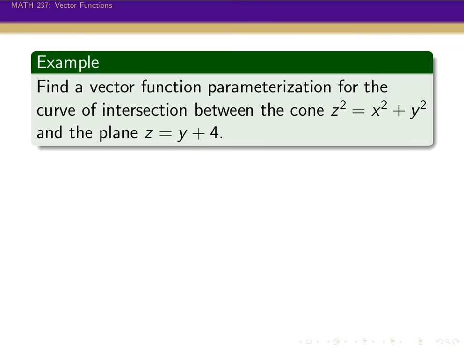So in this one, we're taking the cone x squared plus y squared equals z squared, and the plane z equals y plus 4. Let's see if we can quickly sketch what this looks like. So the surface z squared equals x squared plus y squared.